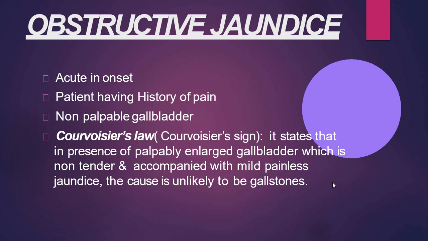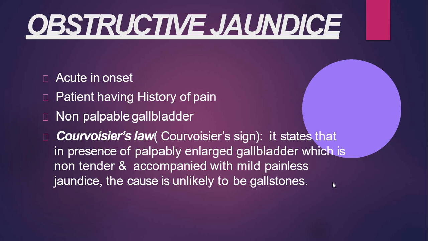Obstructive jaundice, in this case acute onset. Now you have to differentiate obstructive jaundice because of gallstones from that because of malignancy. That's why I am saying that acute onset means it is most of the time related to choledocholithiasis. The patient has a previous history of pain in the right hypochondrium, and in this case the gallbladder will not be palpable.